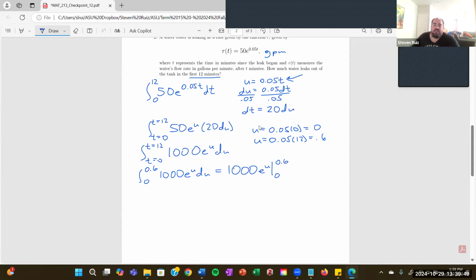That's not to say, I mean, you could plug t back in and get an answer. And if you do it correctly, you're going to get the same answer that I will. So again, just a matter of preference. So now what does this integral look like? This will be 1,000 e to the 0.6 minus 1,000 e to the 0. So what is e to the 0.6?